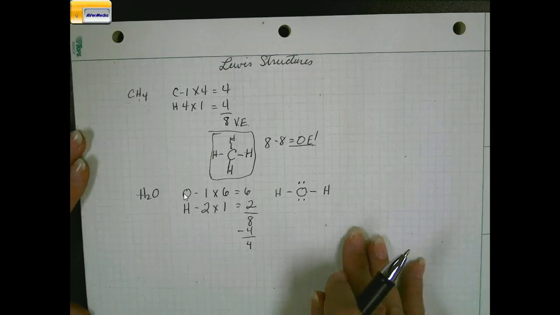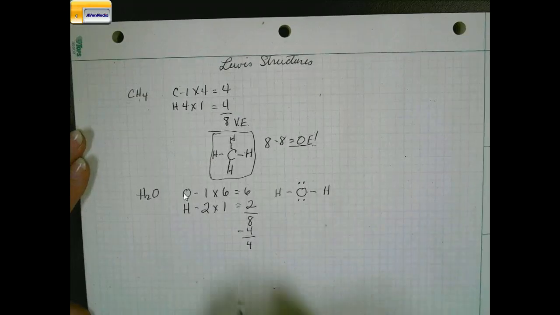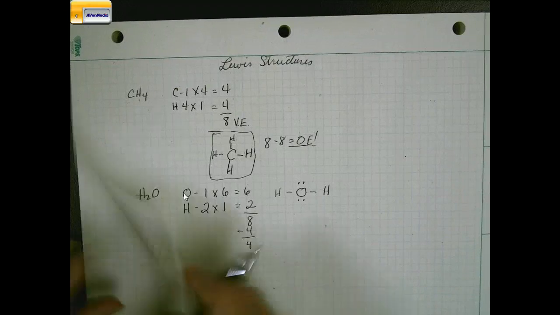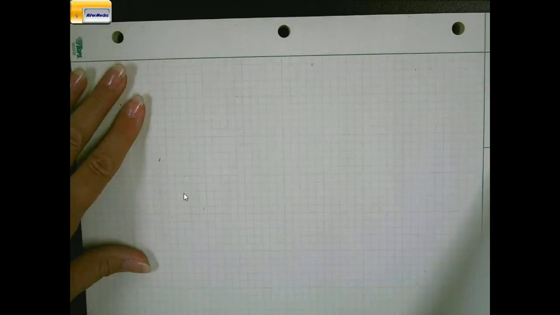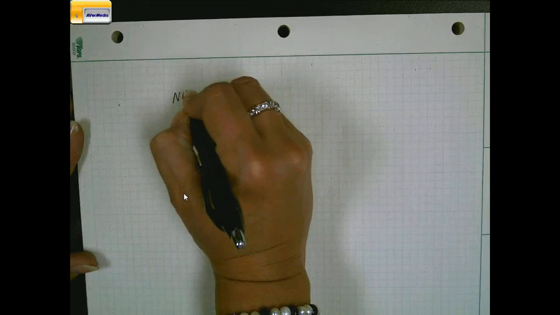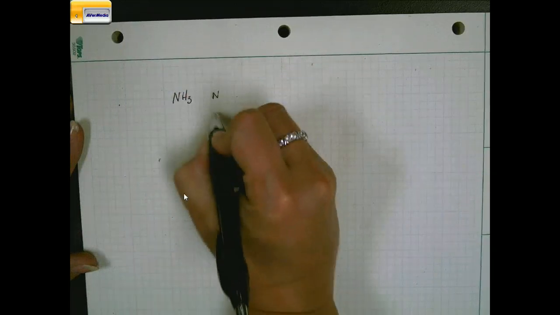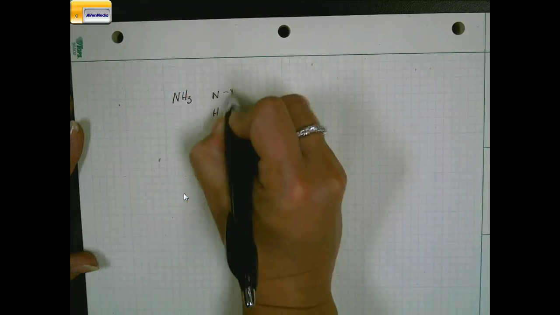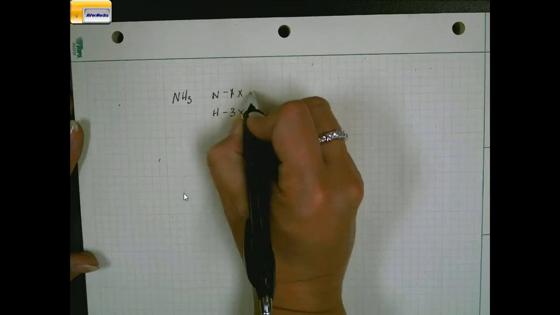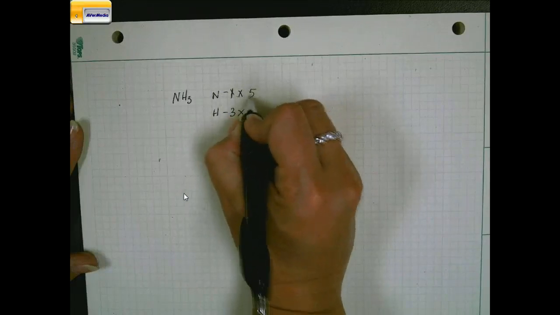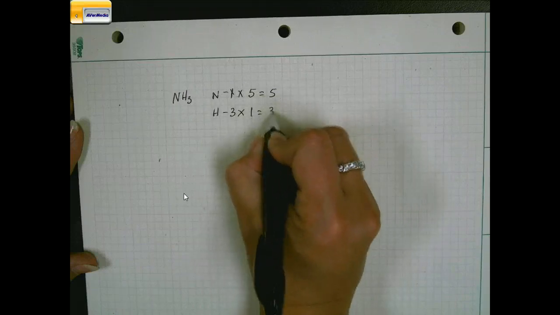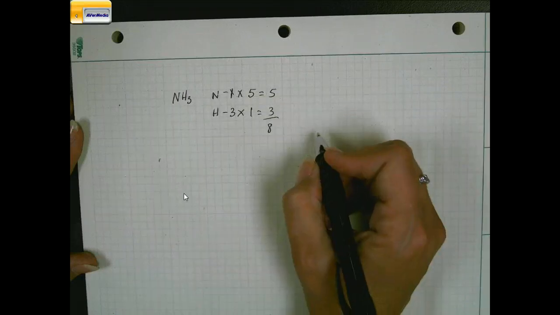Let's try something like ammonia. Ammonia is NH3, and I'm going to go ahead and pull this sheet off. And let's do another one. NH3. So I have nitrogen and hydrogen, I have 1 of those, I have 3 of those, and nitrogen is in the 5th column, so it has 5 valence electrons, plus 3 for the hydrogens, for a total of 8 electrons.